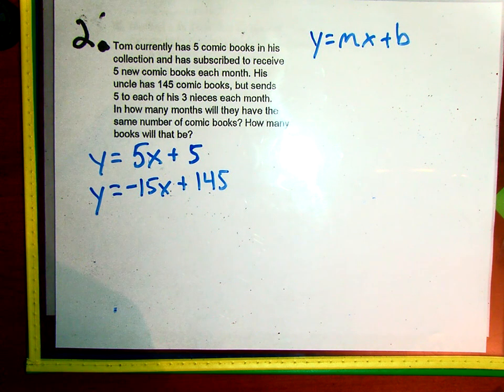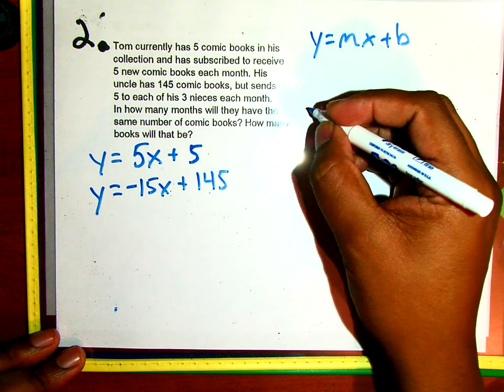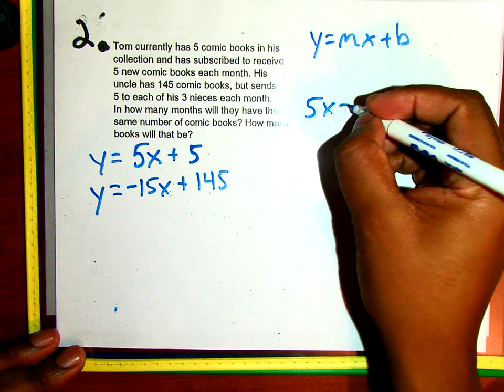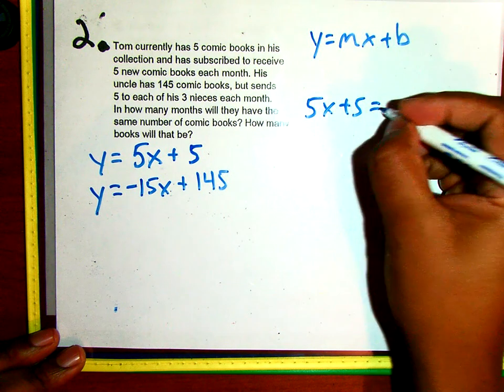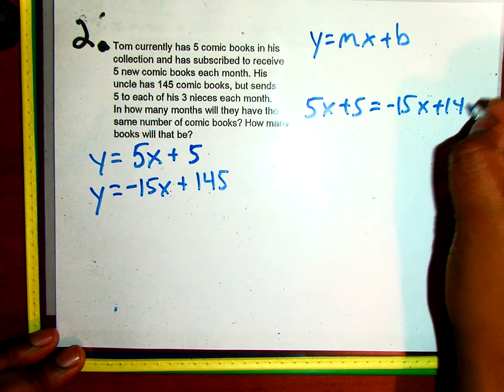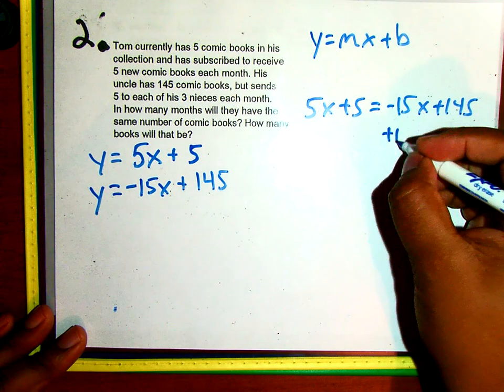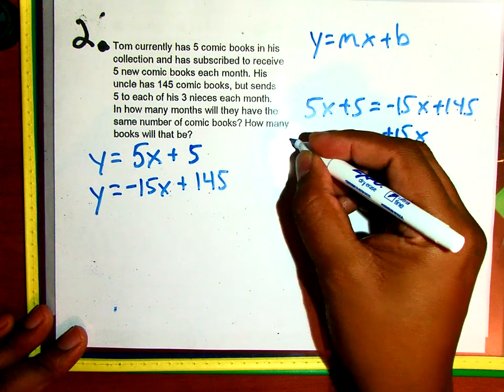Okay, so now what we're going to do is set these two equal to each other. So you have 5x plus 5 is equal to negative 15x plus 145. Okay, I'm going to add 15x on both sides.